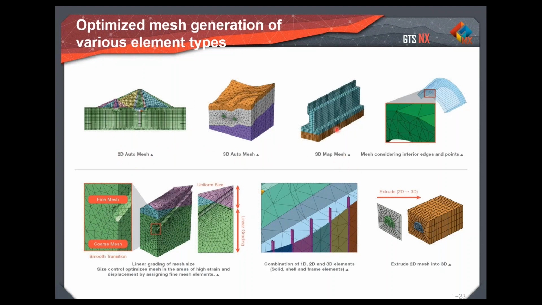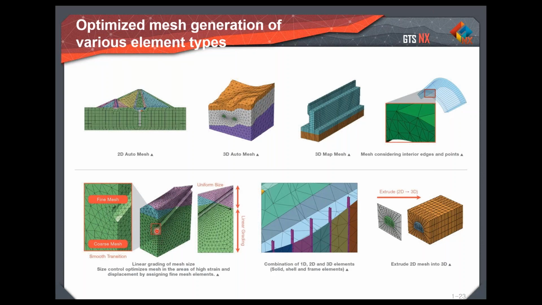Basically what map mesh means is, even for a very complicated structure, if you would like a uniform mesh throughout, then we can go for 3D map mesh. And we have a very good feature here called auto connect, as I was talking about earlier. In this particular case, we have a tunnel, and because of this tunnel there will be a huge stress concentration at that area.